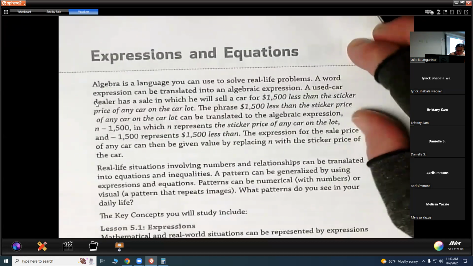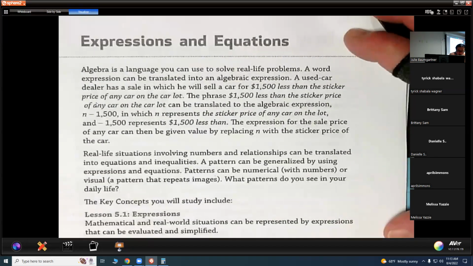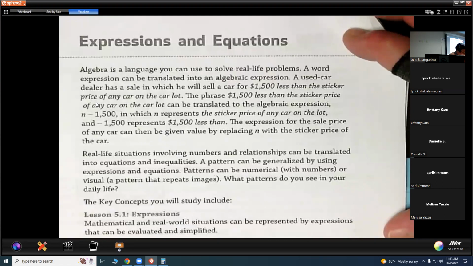All right, according to our book here, algebra is a language you can use to solve real life problems. A word expression can be translated into an algebraic expression. A used car dealer has a sale in which he will sell a car for $1,500 less than the sticker price of any other car on the lot.